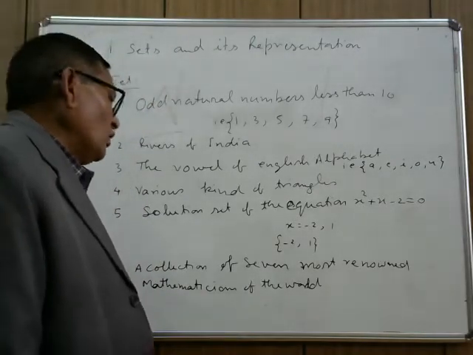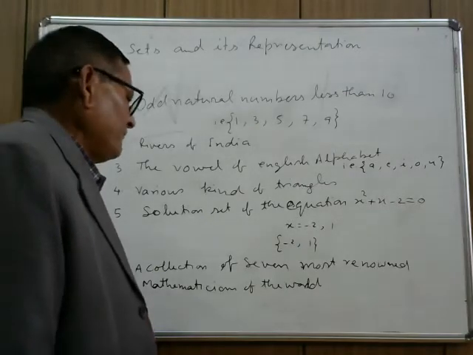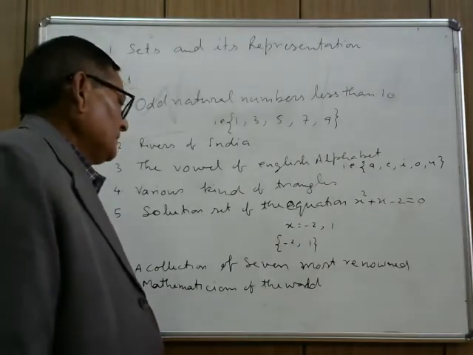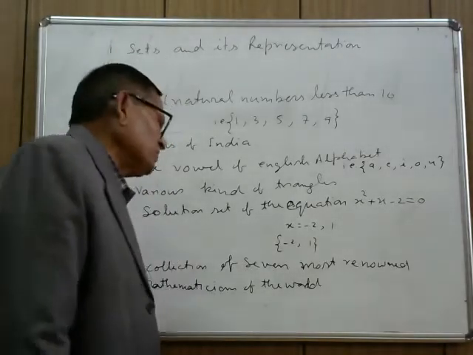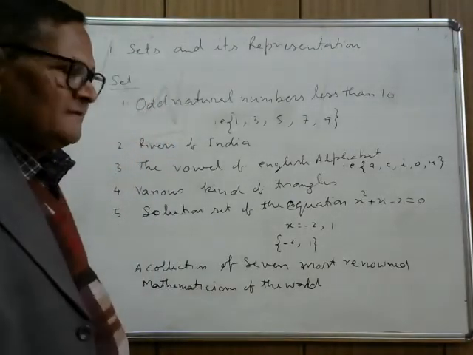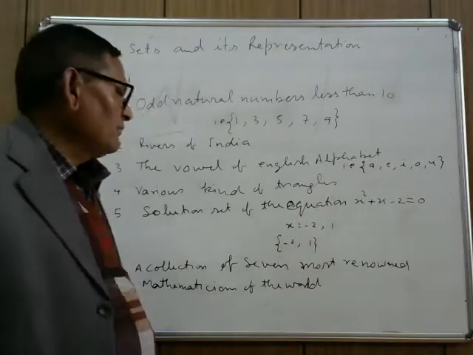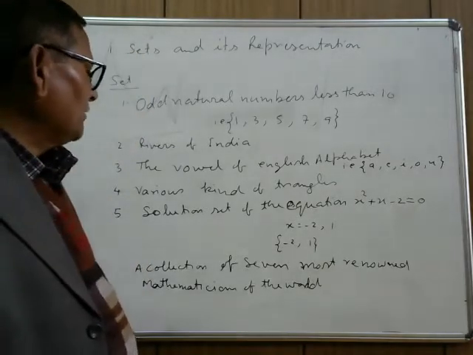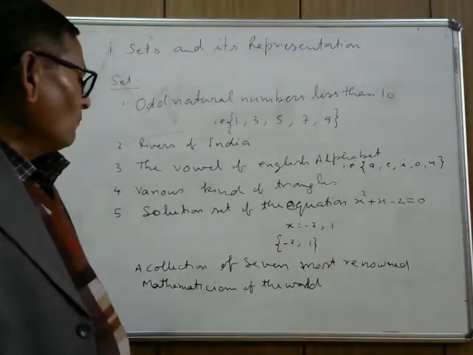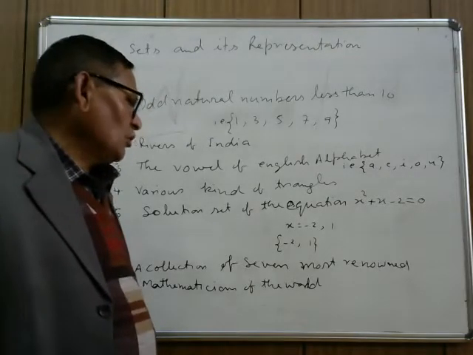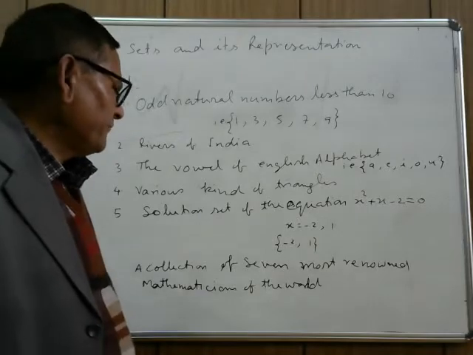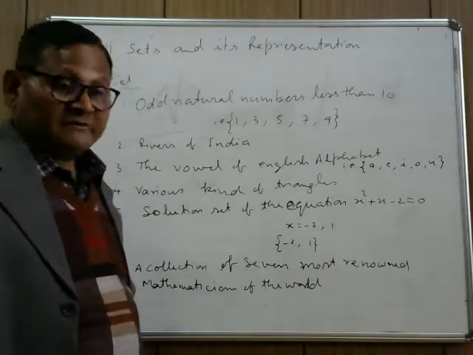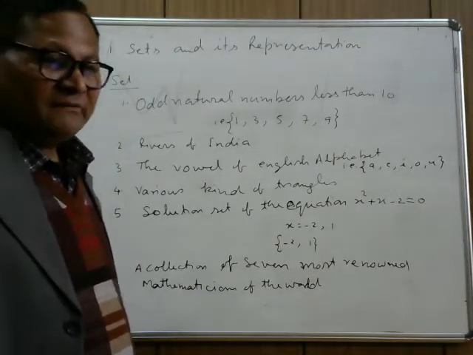This collection is not well defined because the definition of most renowned mathematician varies from one mathematician to another. The word most is not well defined; the limit of its greatness, its achievements, is not defined.